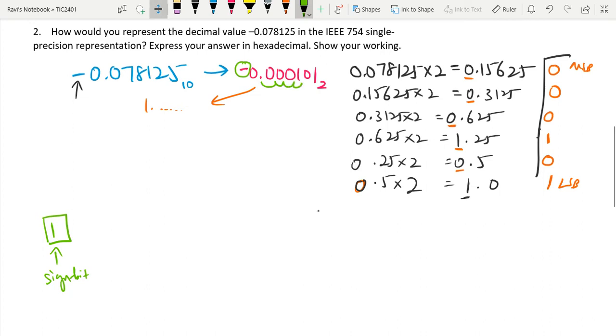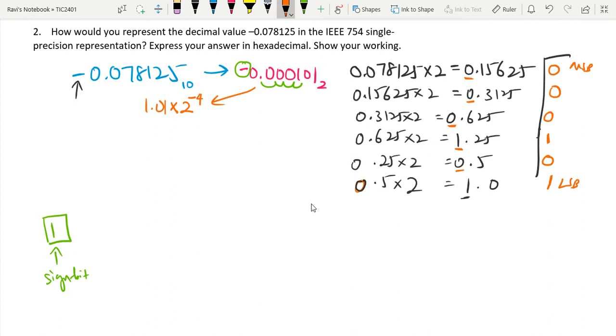So when I shift by 4 places, I get 1.01 multiplied by 2 to the power of minus 4. Why minus 4? Because I shift to the right. When I shift to the right, it is to the minus power. If I shift to the left, it's to the positive power.